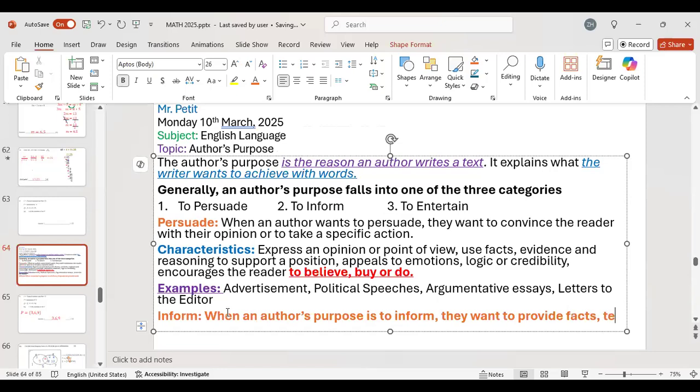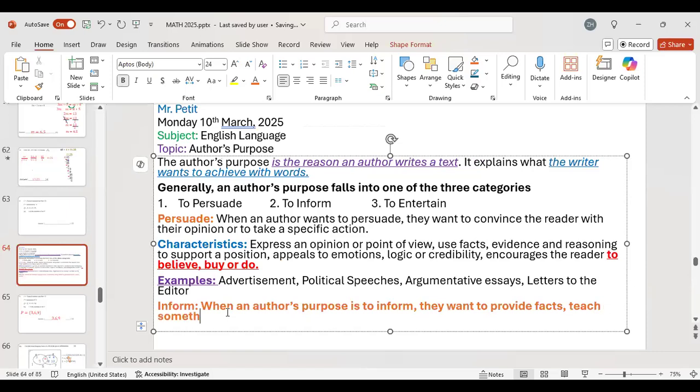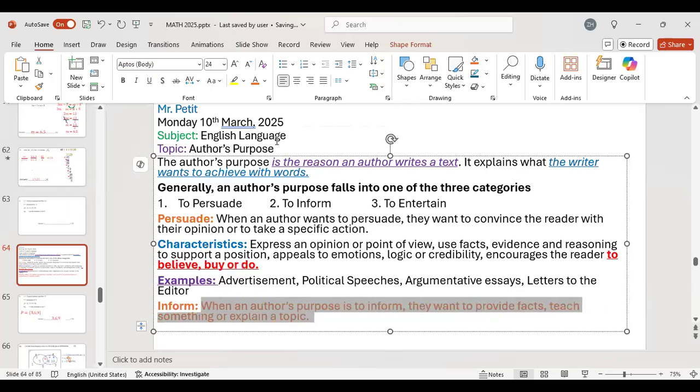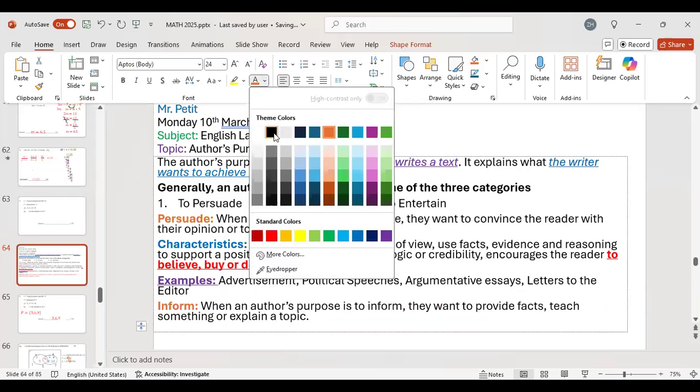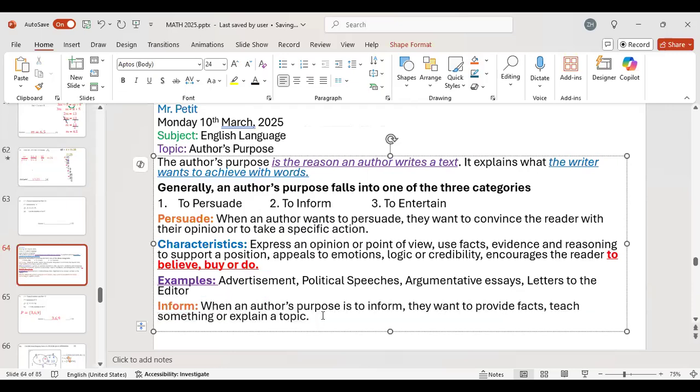They want to teach something, or they want to explain a topic. So that's what I mean by giving information, informing, right? The goal of the writer is just to give you more information on a topic.